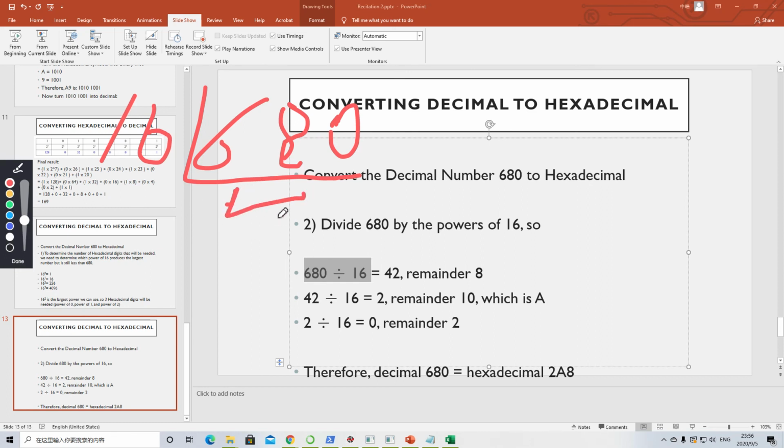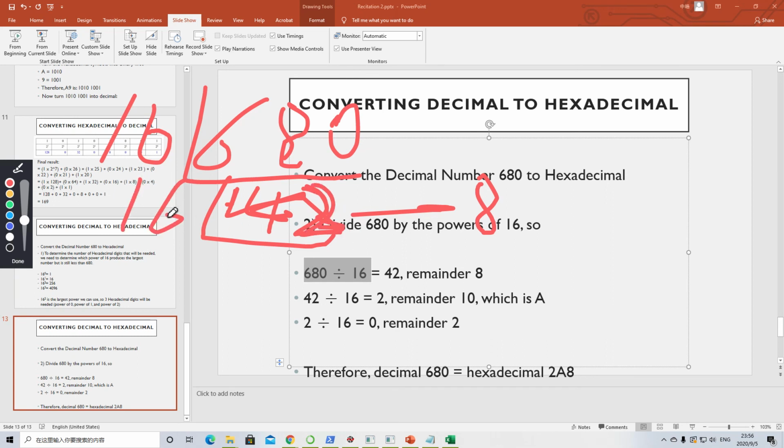We get some number right here, and the remainder of this one is going to be 8. Then we have 24 right here, and we continue by dividing 24 by 16. We get 1 right here, and the remainder for this calculation is going to be 8.